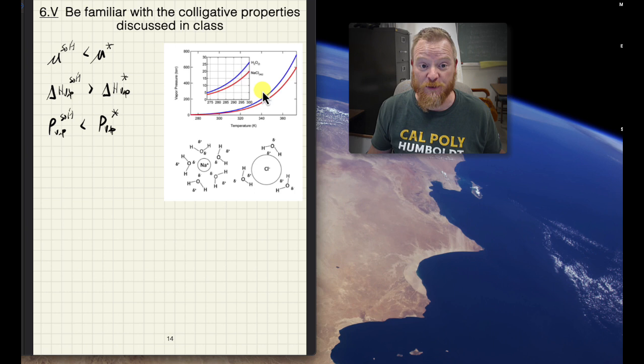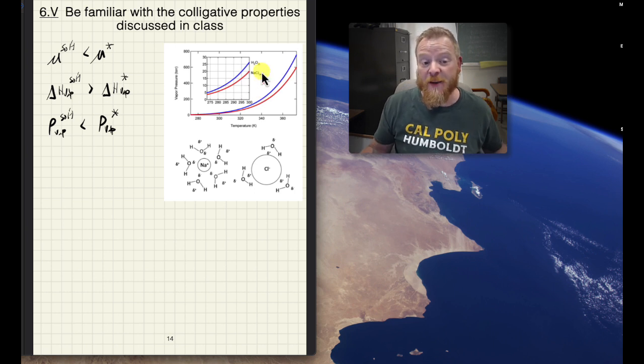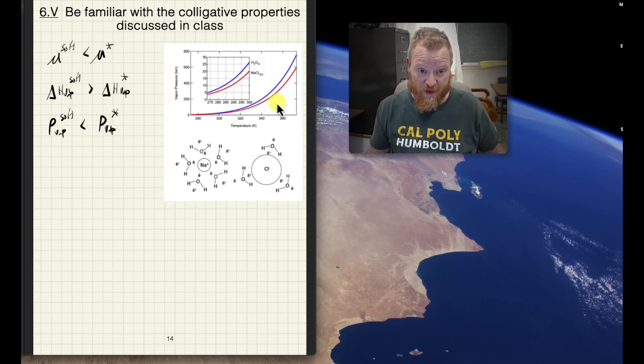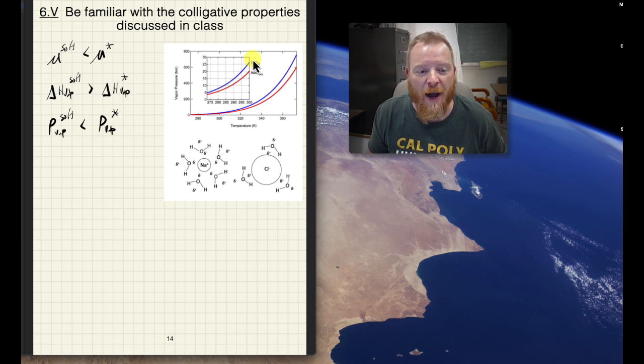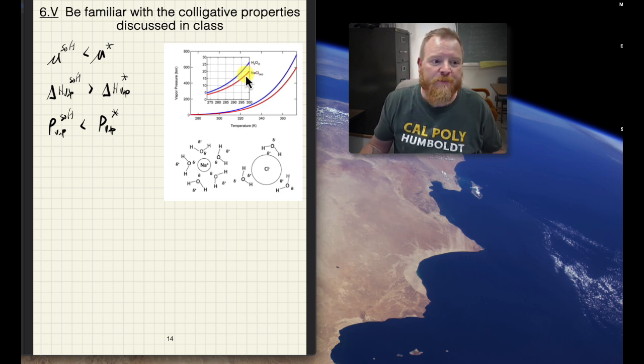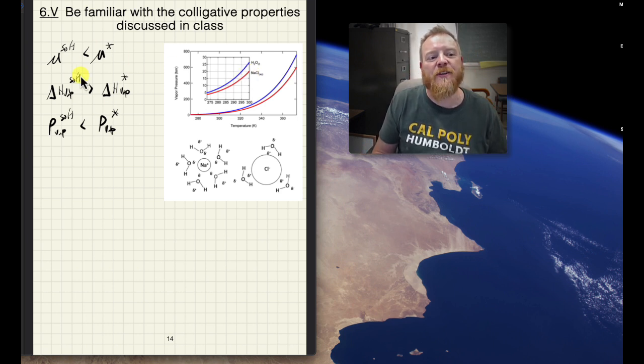Where this is the Clausius-Clapeyron line, so the phase boundary between the liquid and the vapor. And you can see in blue here universally the vapor pressure of the pure water is greater than that of the solution, right? And so that's due to this chemical potential interaction that we just discussed.